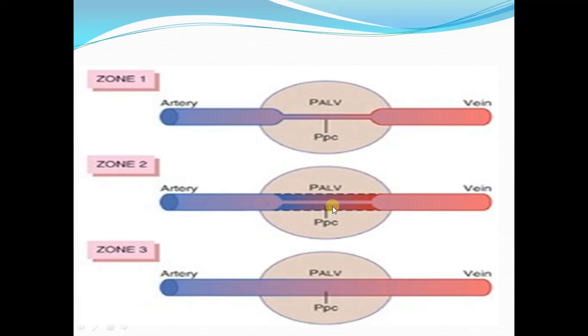And during diastole, the pulmonary pressure becomes less than the alveolar air pressure, so blood flow does not occur. So it is an intermittent blood flow. Then there is the zone 3 blood flow. Zone 3 is a zone of continuous blood flow, and in zone 3 the capillary pressure is all the time greater than the alveolar air pressure, so blood flow occurs throughout the length of the cardiac cycle.